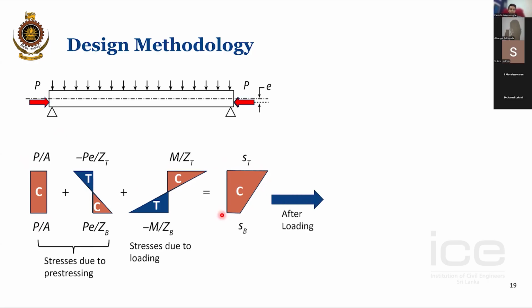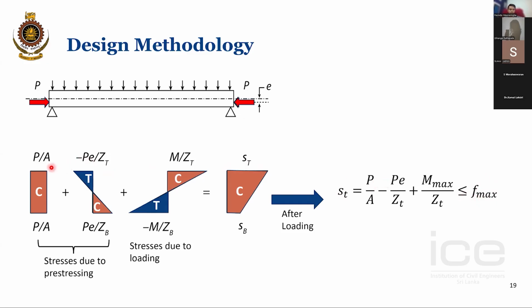So if this is not to fail, what should happen is this top stress, the max compressive stress due to the loading and the pre-stress, should be less than the maximum stress of concrete.